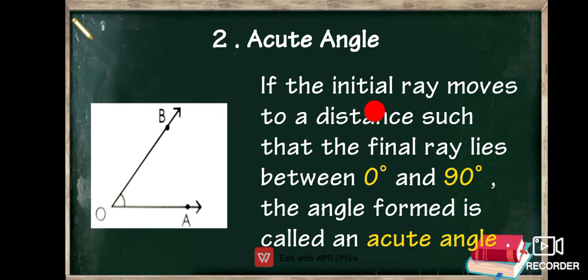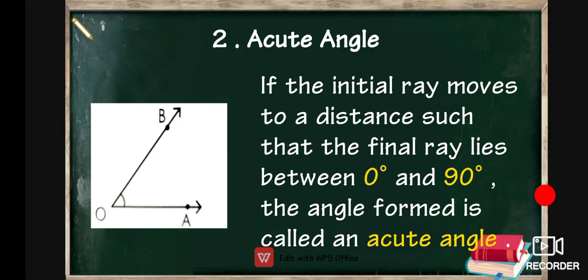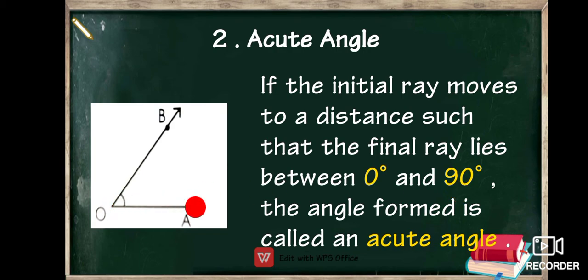If the initial ray moves to a distance such that the final ray lies between 0 degree and 90 degree. Here we have one initial ray, from here to here, and another ray, the final ray. It moves to a certain distance, and that distance lies between 0 degree and 90 degree. That angle is known as an acute angle.